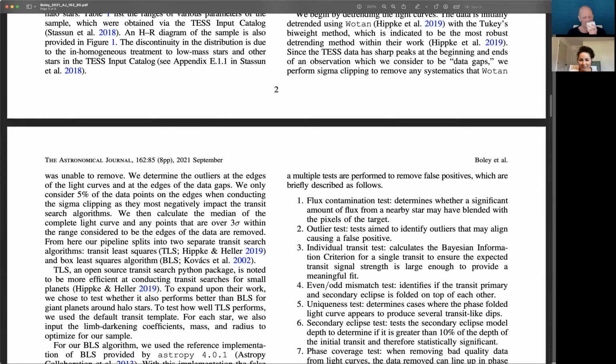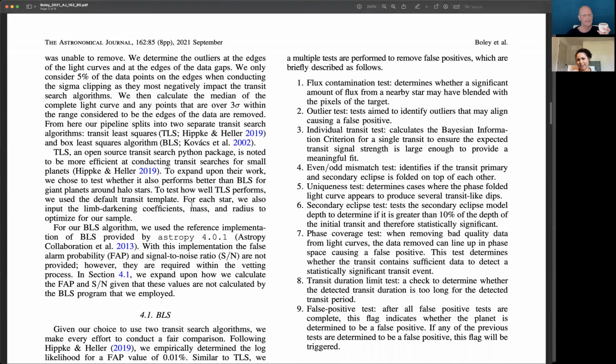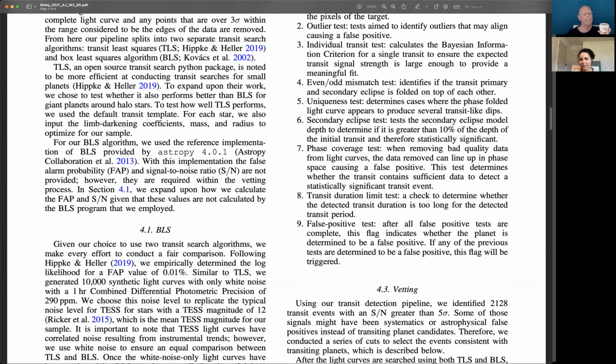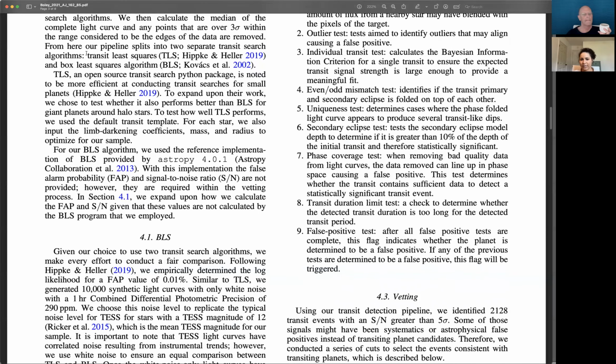So we ended up doing that. And we actually used two different transit search algorithms. We used Transit Least Squares, or TLS, which was, at the time when I started the project, a brand new transit search algorithm, and I might be telling on how long it took the paper to get published at this point.